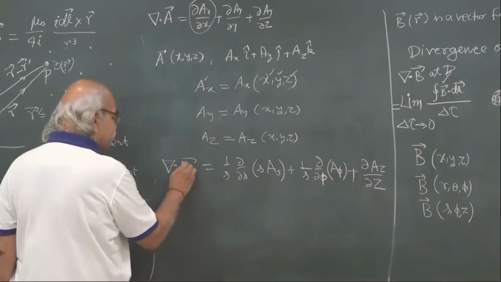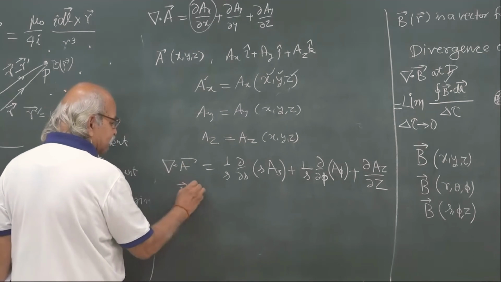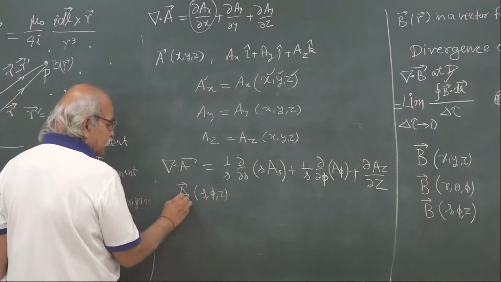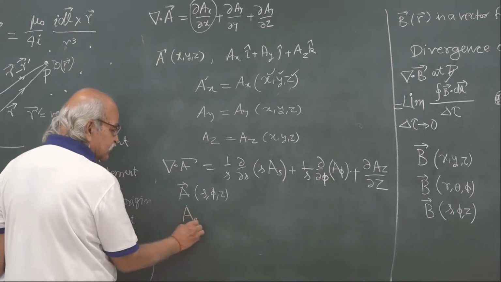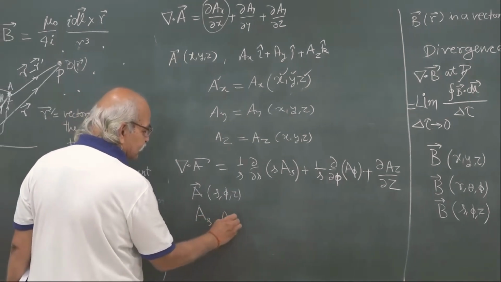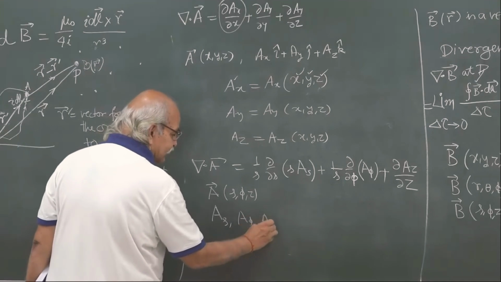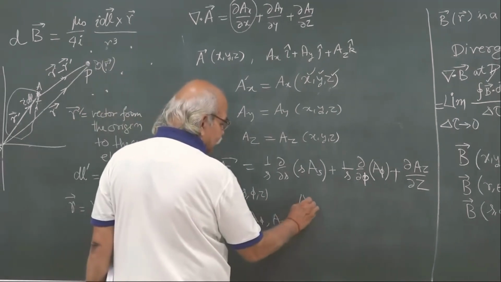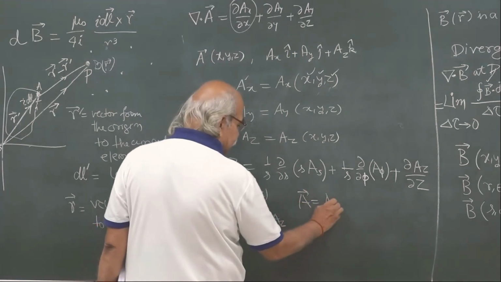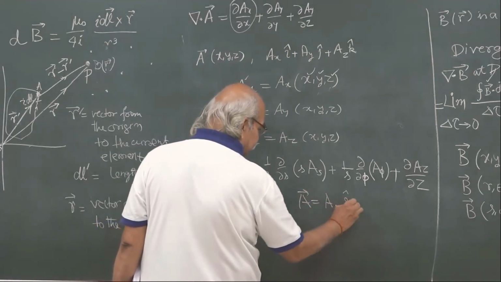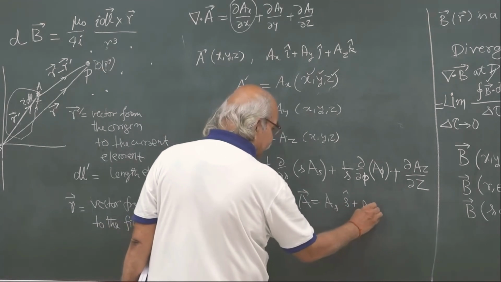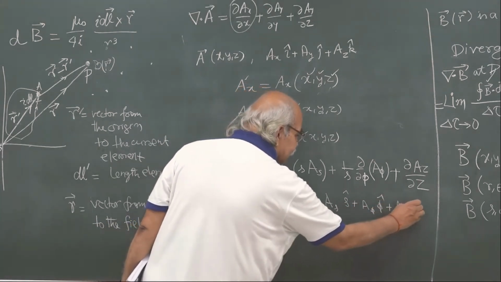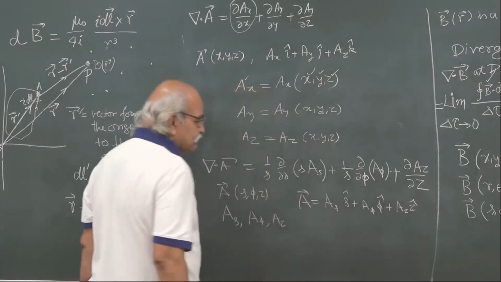So if this A vector is known as a function of s, phi and z, the components will be in the s direction, in the phi direction and in the z direction, and you will write A as As s cap plus A phi phi cap plus Az z cap or k cap.